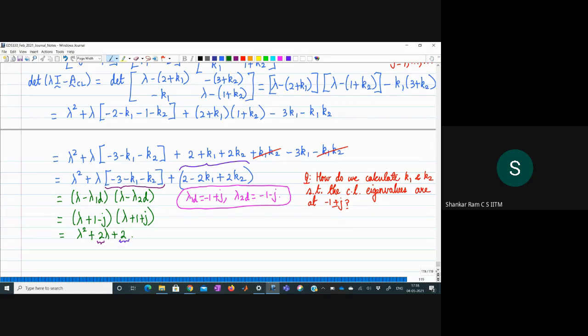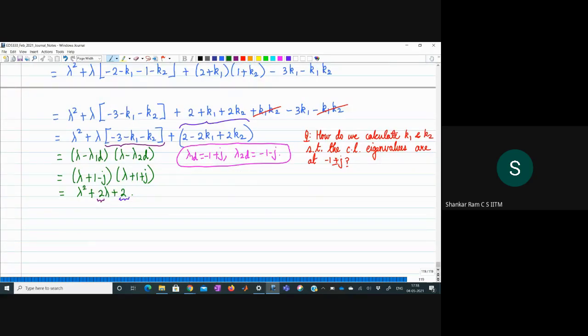Now I hope all of us get the idea, right? How we essentially simplify the calculation process of k1 and k2. We look at the two polynomials and equate the coefficient of lambda and the constant, because the coefficient of lambda squared is anyway 1, right?